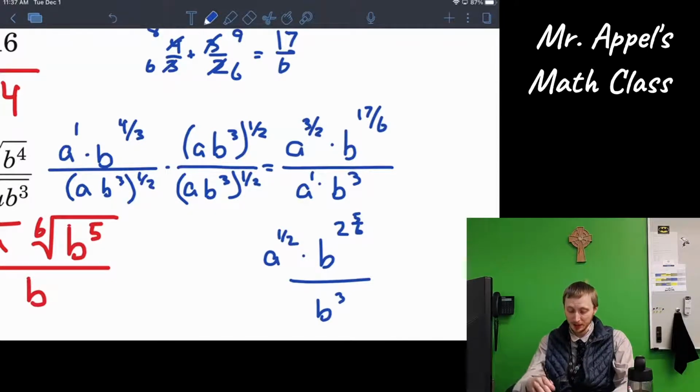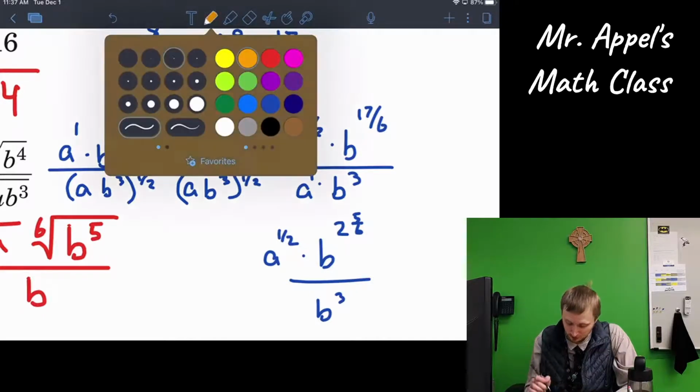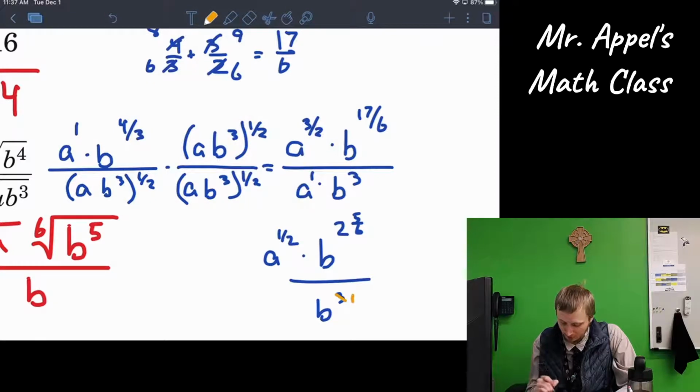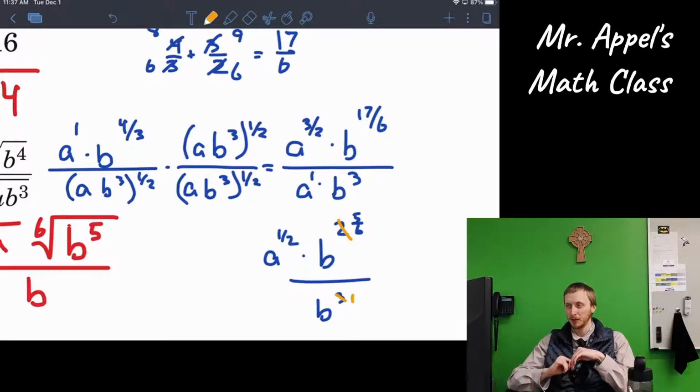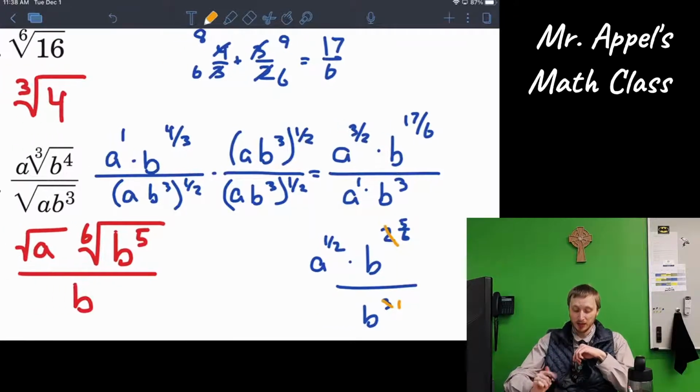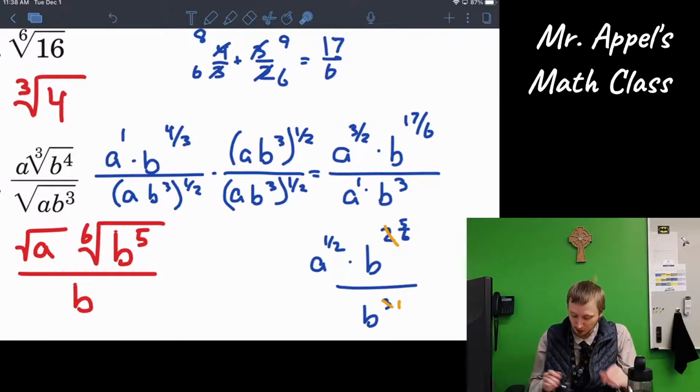So think about that. I can eliminate one of these, or 2 levels of b, with that. See how that reduces there? I can subtract those out, subtract 2 from both of them. And then that gets me the answer they have here, just re-represented in radical form.